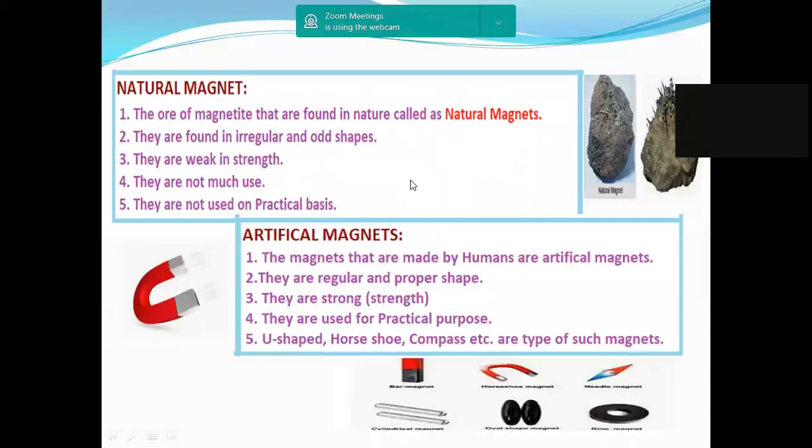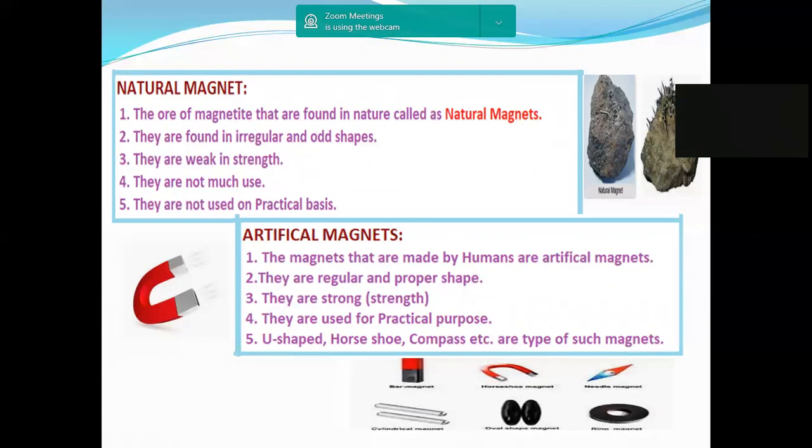Natural magnets are the ones that are found in nature. No humans are involved in developing them, in making them. These are natural magnets. The gray colored rock you can see on the left side is a natural magnet. It is irregular and odd in shape.